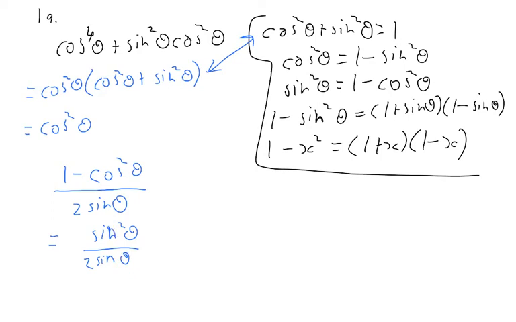Well, that will cancel out, and we're left with sine theta over 2. All right, just using the rules that I have given to you over here, being able to simplify. Okay, we'll do some more videos on this coming up.